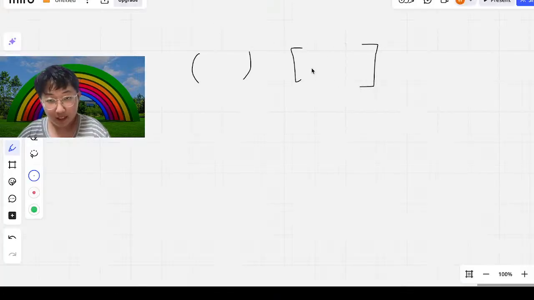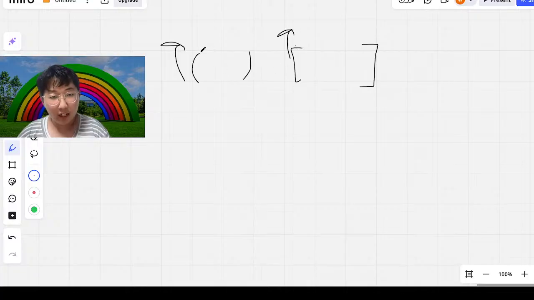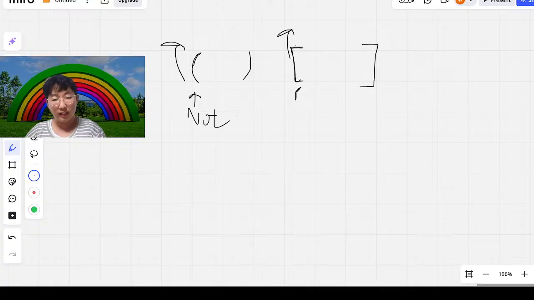This is an open bracket, which sounds weird, and this is a closed bracket. Just remember that an open bracket is not as tightly closed as a closed bracket, but it's not really easy to remember. This one is not including, and this one is including.